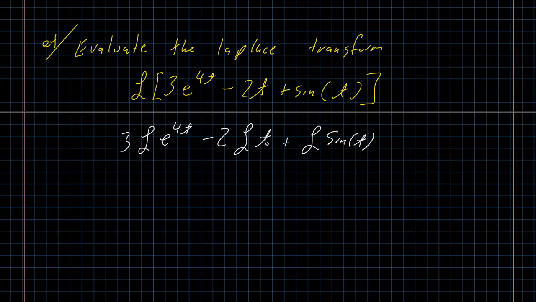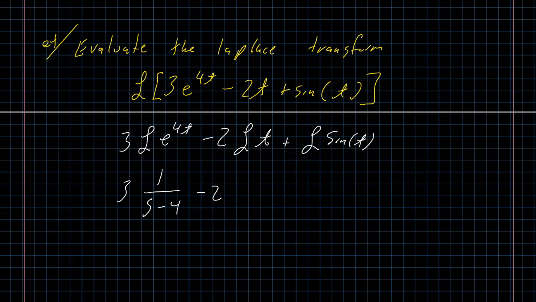And if I look at my table, the Laplace transform of e to the 4t, well, alpha is 4 in this case, and we have 3 times 1 over s minus 4.